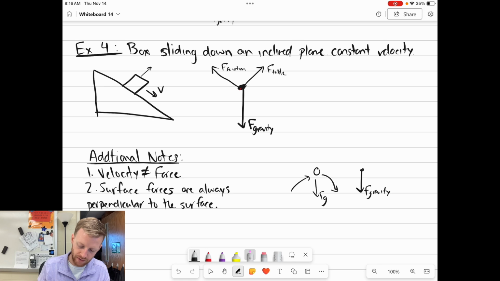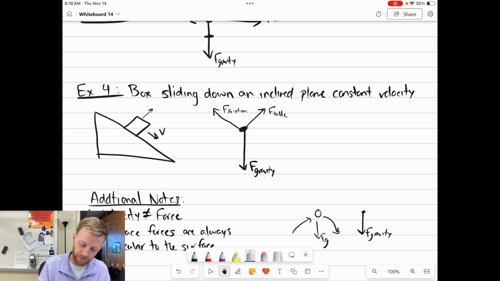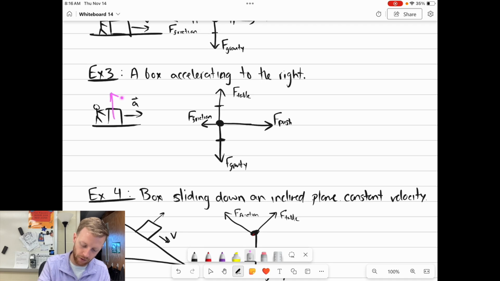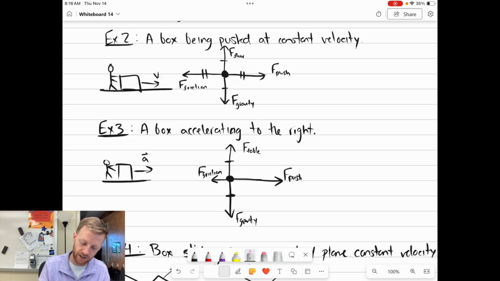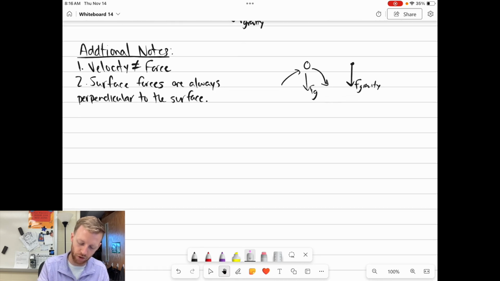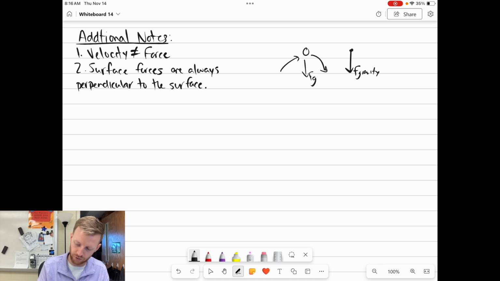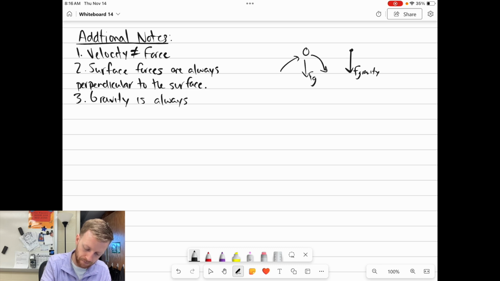So if you notice, here, perpendicular, go up even farther, here, perpendicular, go up a little farther, here, perpendicular. You're starting to understand. So they're always perpendicular to the surface. And lastly, and this is important, gravity is always down. So make those additional notes and they can help you.